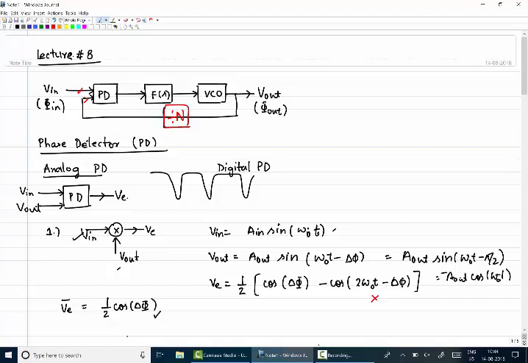When you have a divide by n in the feedback loop, it is not dividing the voltage first, it is dividing only the frequency, where F out equals n times F in.